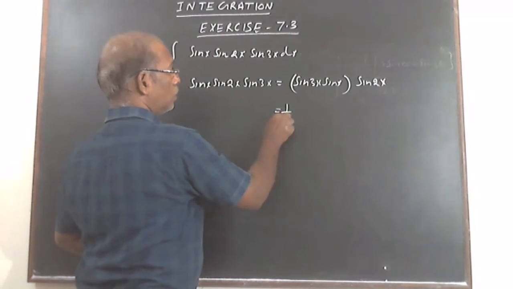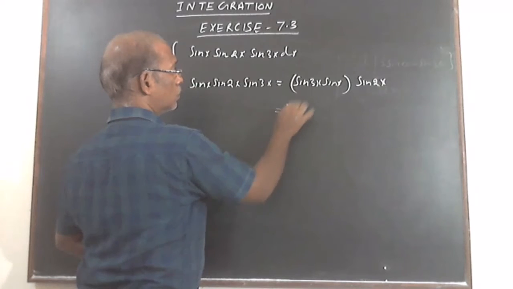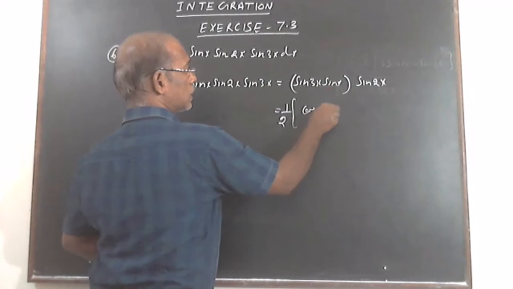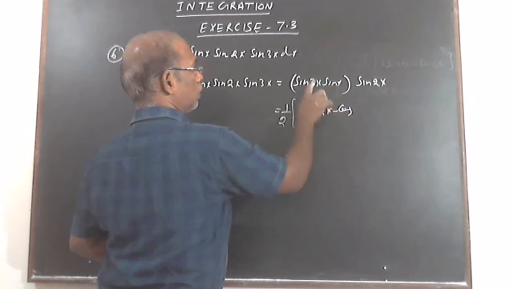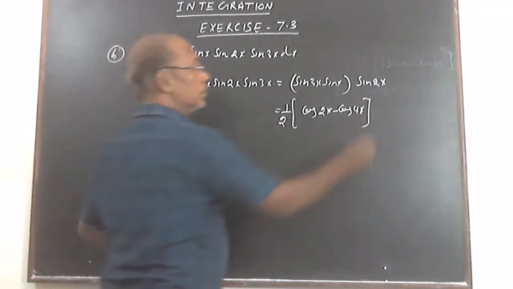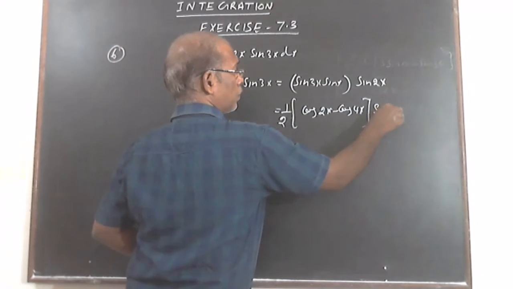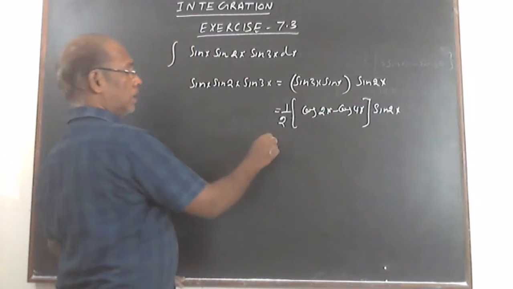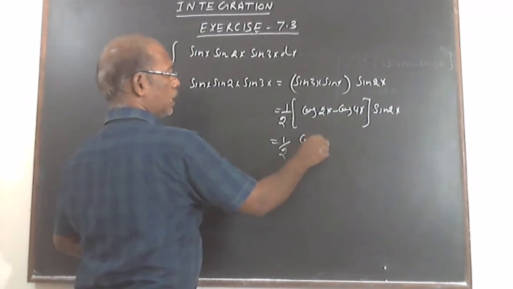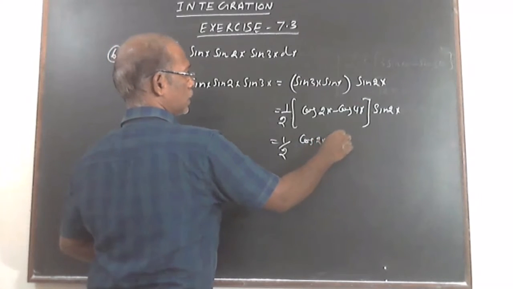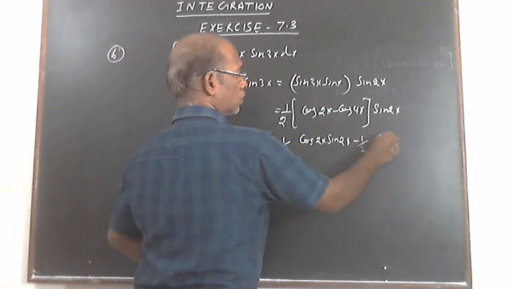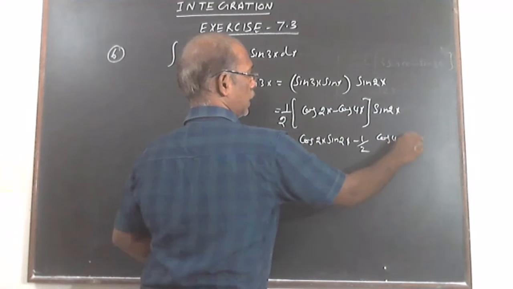So 1 by 2, cos of A minus B, 2x, minus cos of A plus B, 4x, into sin 2x, correct? Let us apply the distribution law: cos 2x sin 2x minus 1 by 2 cos 4x sin 2x.